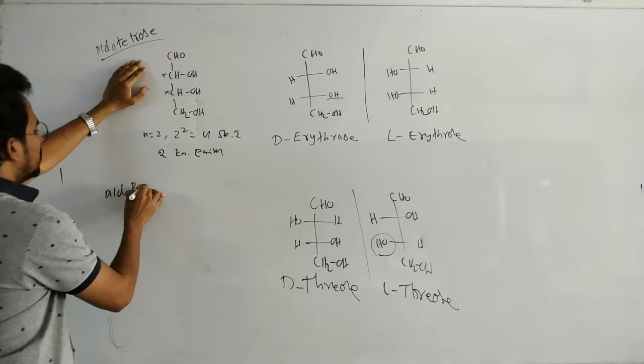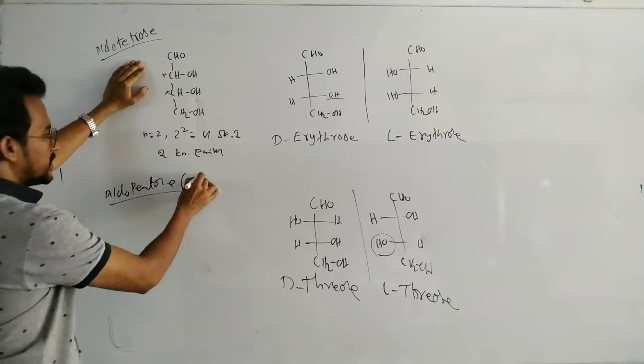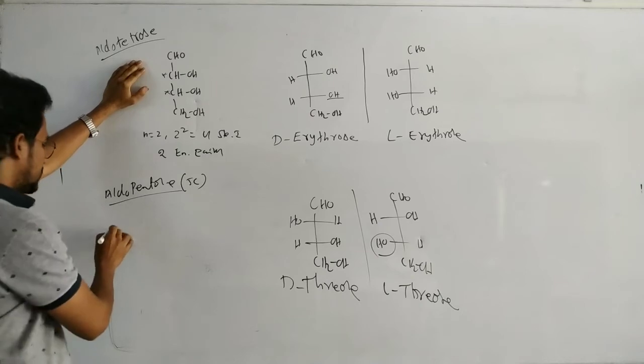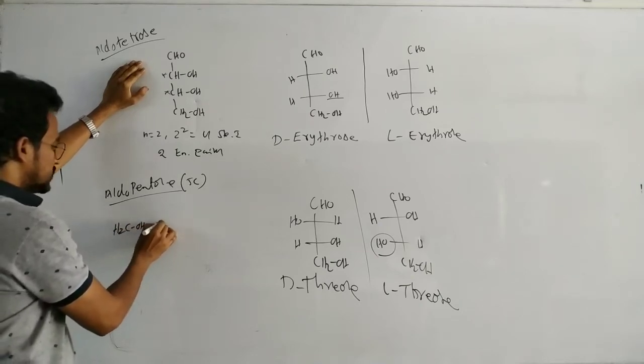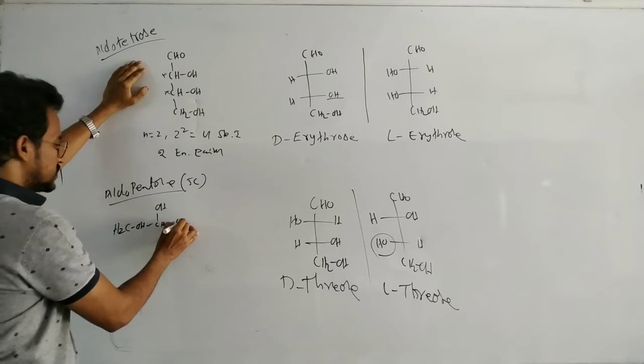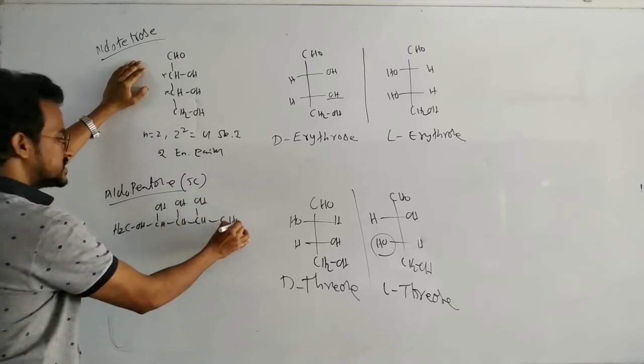Aldopentose, 5 carbons. That means CH2OH, CHOH, CHOH, CHOH, and CHO.